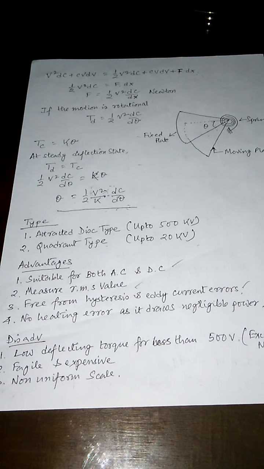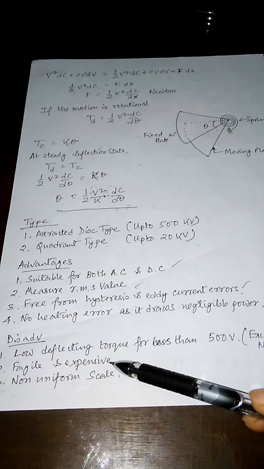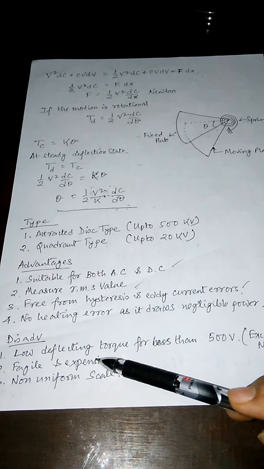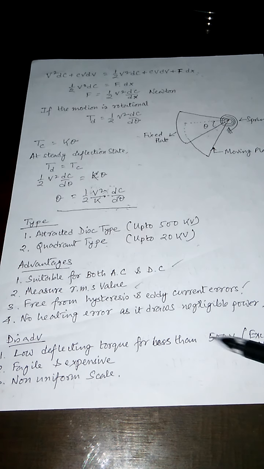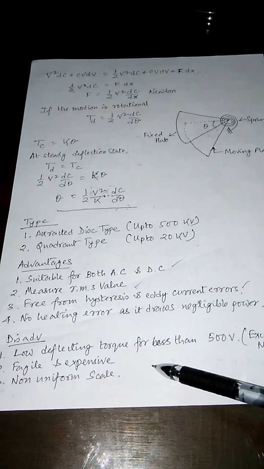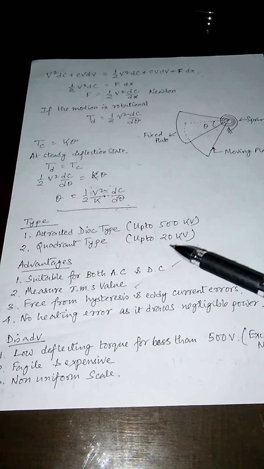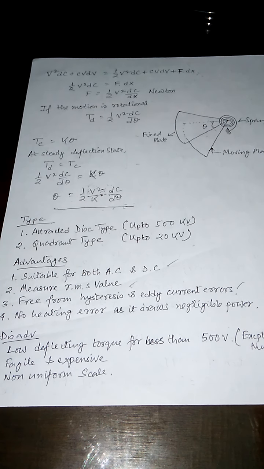The main disadvantage is that normal electrostatic instruments, for less than 500 volt, generate a very low deflecting torque and cannot indicate the value. Electrostatic instruments are applicable primarily as voltmeters, not in industry; they are used in laboratory experiments.